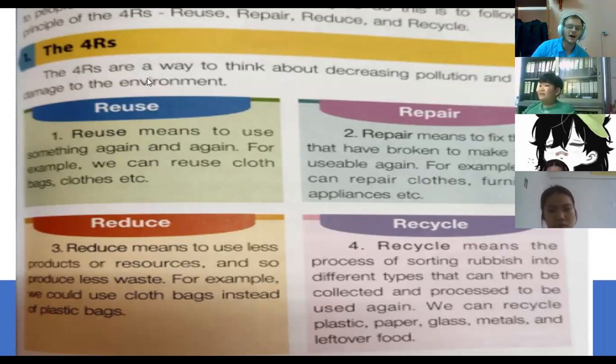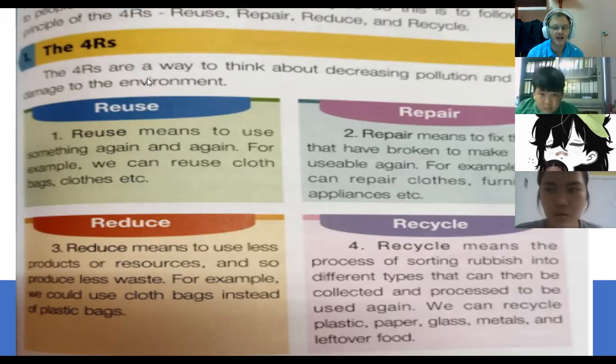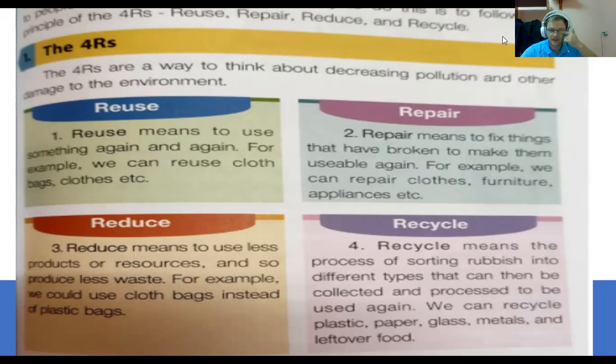And number 4, recycle means the process of sorting rubbish into different types that can then be collected and processed to be used again. We can recycle plastic, paper, glass, metals, and leftover food. Nice lot to read.